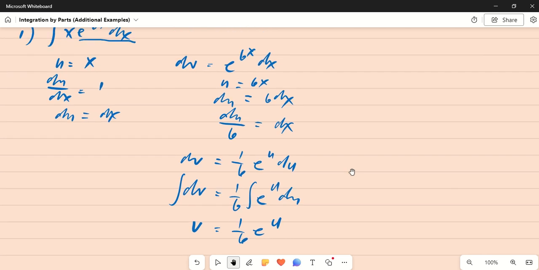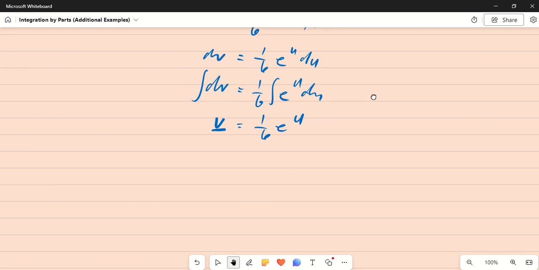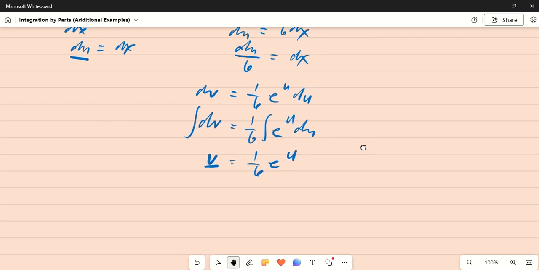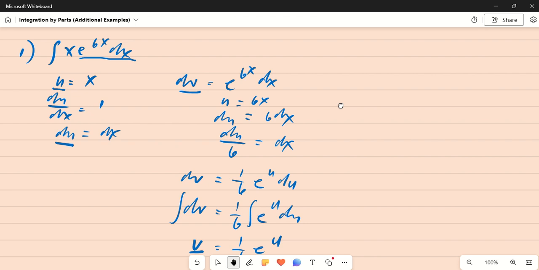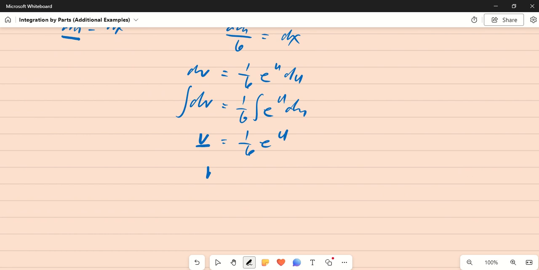Okay, now we already have your u, your du, we also have your dv, and then your v. We can now use these expressions in solving for the integral of our given x e raised to 6x dx. By the way, your v here is 1 over 6 e raised to u, and u is 6x.